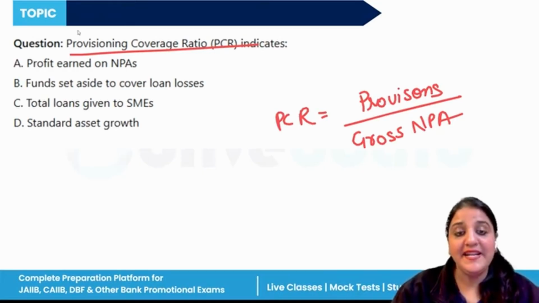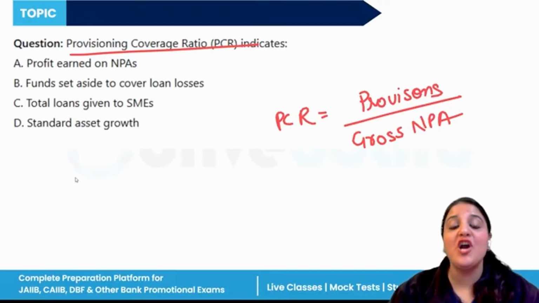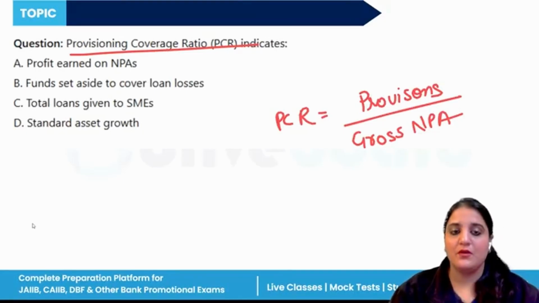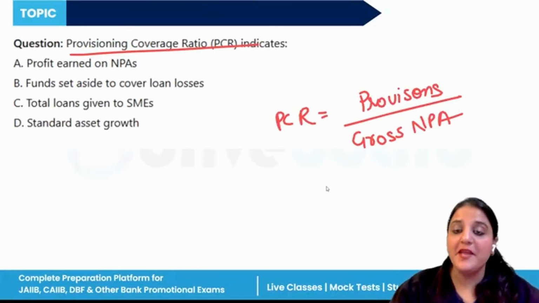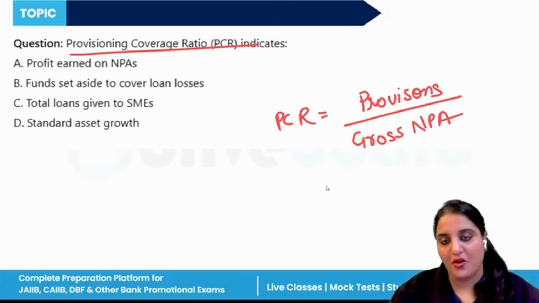Right? It basically indicates the extent to which the bank has set aside funds to cover losses. A higher PCR means the bank is prepared to absorb NPA losses.